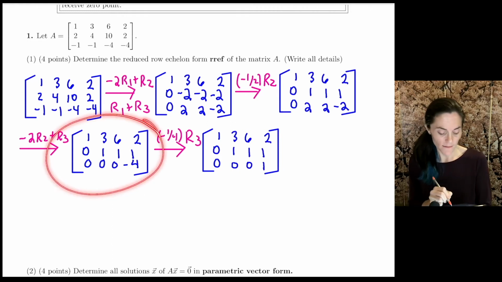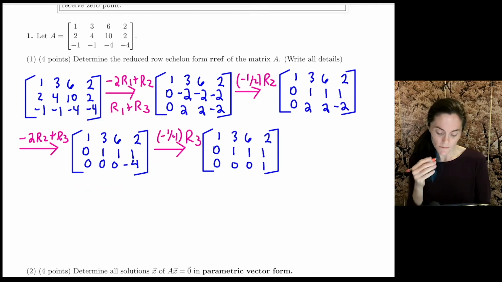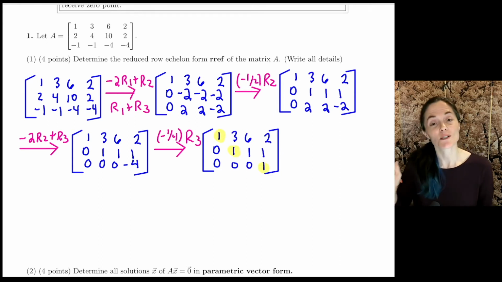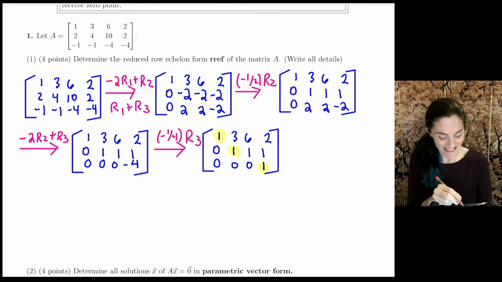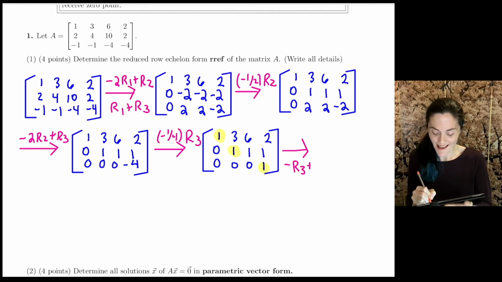In fact, this matrix is also in row echelon form, but the question asks for reduced row echelon form. And really, I have 2 more steps. Let me highlight my leading 1s because now I have found them. I want to make zeros above my leading 1s. And let's do that now. We can take minus row 3, add that to row 2, and then take -2 row 3, add that to row 1.